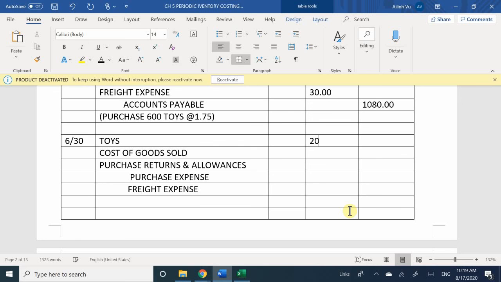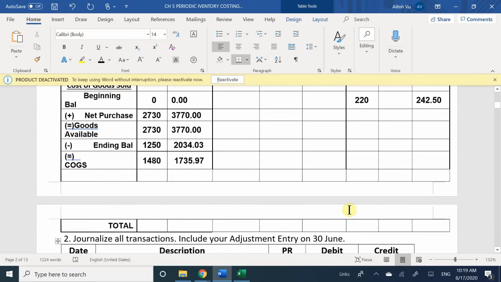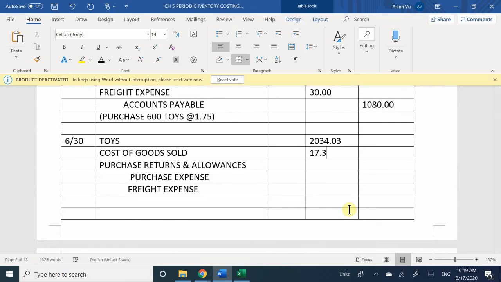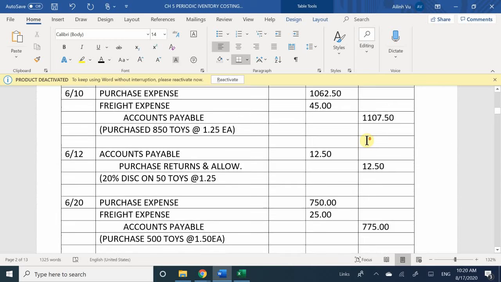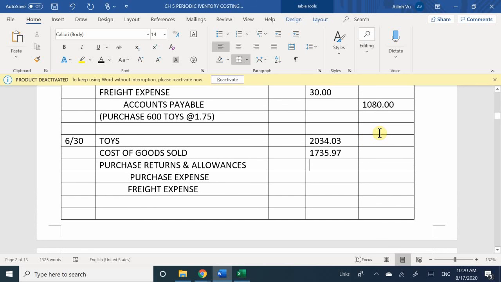Okay, so here it's 2034.03. What is my cost of goods sold? 1735.97. All right. And then what is my purchase returns and allowances? 242.50.